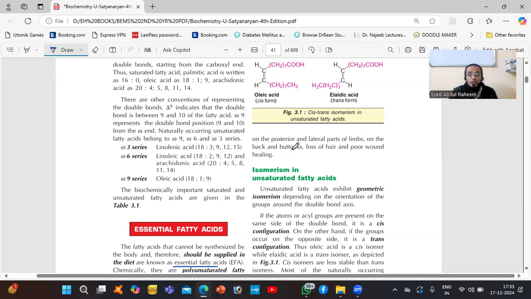So we need to change the diet of the patient. Yesterday I told you the seven things you have to remember. Like oil: oil is very, very important. We need to check what type of oil we are consuming.